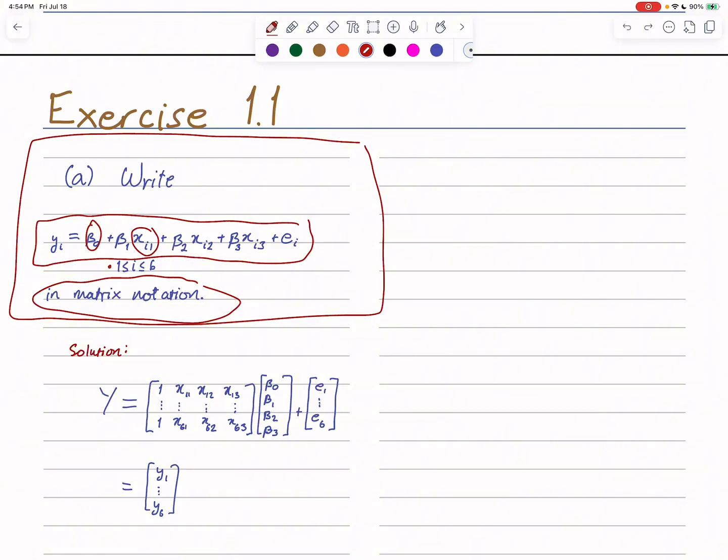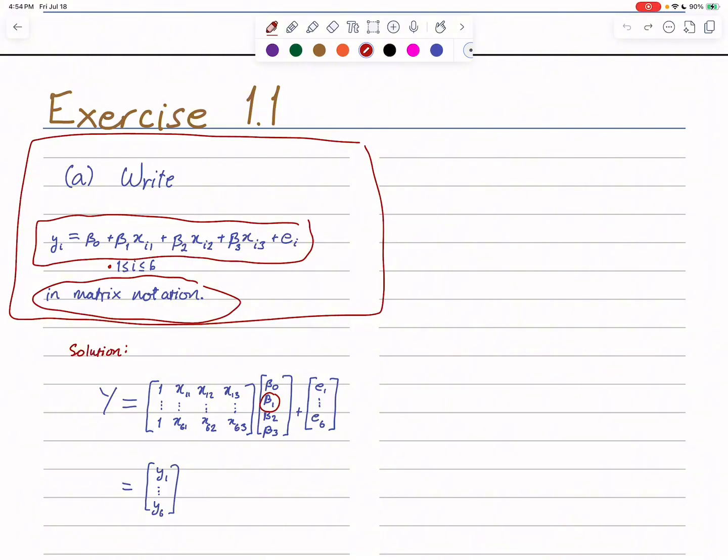And keep going, and eventually you get down to when i is equal to 6, and that's going to get you this x61. And when you have x61, yet again, you want to have that multiplied by beta 1. And so, because of the placements in the design matrix and in the coefficient vector, that's going to happen. You're going to get that beta 1 times x61, and that's going to happen in the sixth equation.